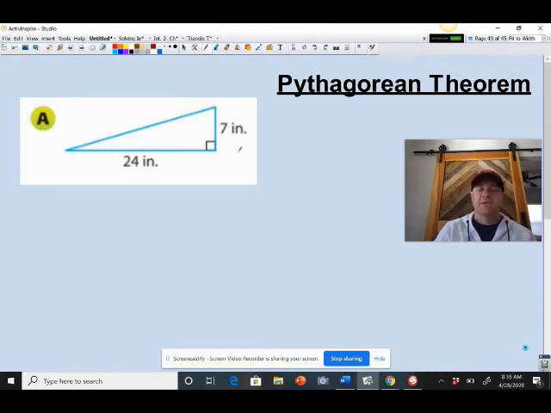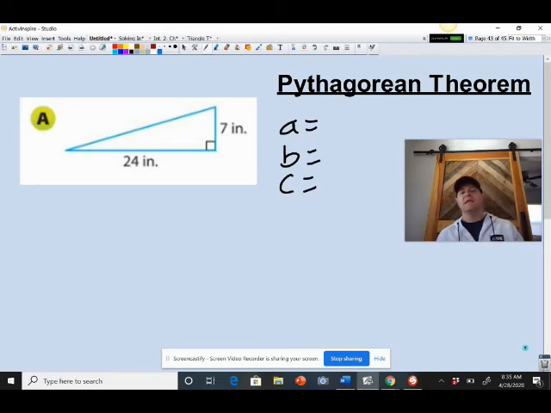What I like to do is write down the information that they give us. We've got A, B, and C. There are a lot of kids that do not like to take this step because it takes so long. Do it, because it's going to help us figure out what we're missing. If you remember, A and B are the legs.